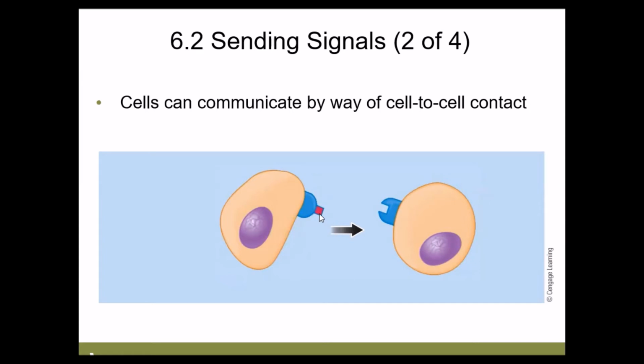And in this example, the cell would come in close proximity with another local cell and actually transmit its chemical signal directly to that neighboring cell.